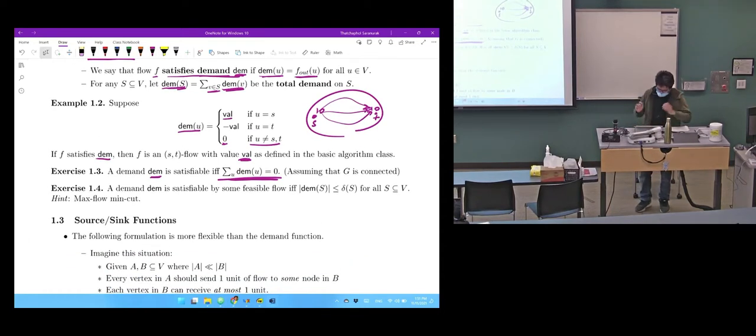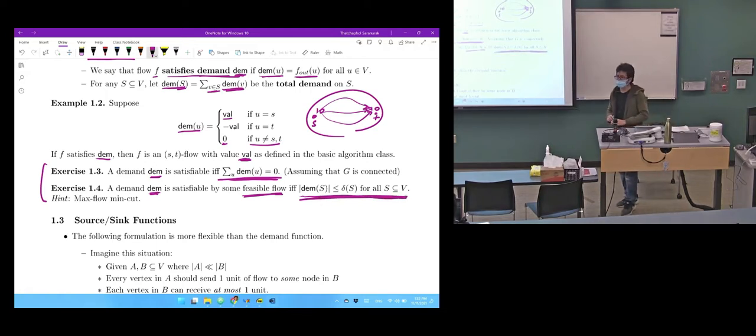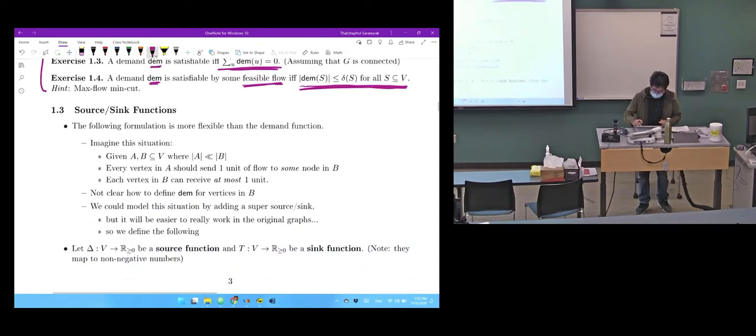It's in the homework, these two. Yes. So the demand is satisfiable by a feasible flow also if this is true for every set S. This is just a reminder of the homework.